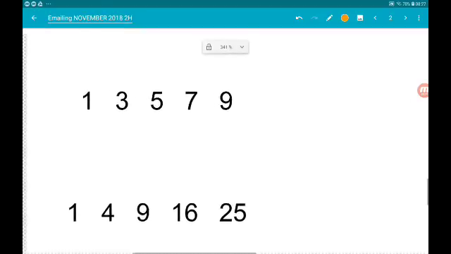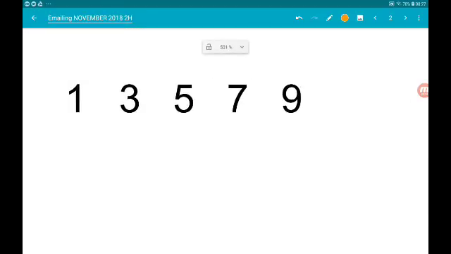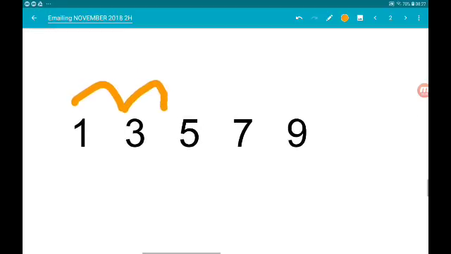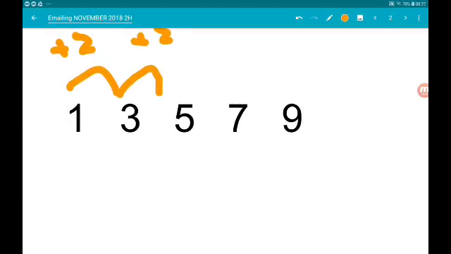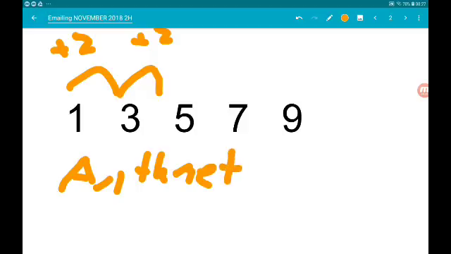So 1, 3, 5, 7, 9. We can see that we are adding 2 to get from term to term. Now a sequence or progression where you add the same amount is called arithmetic. So, not that guy.